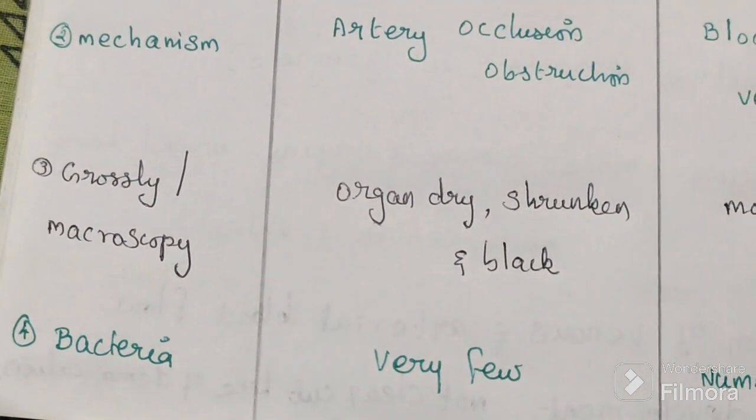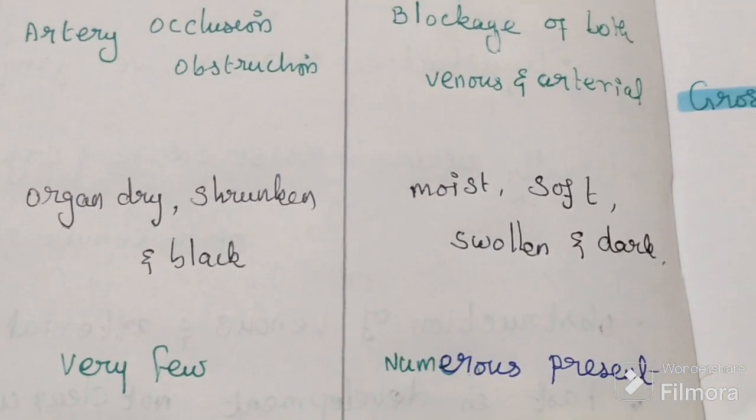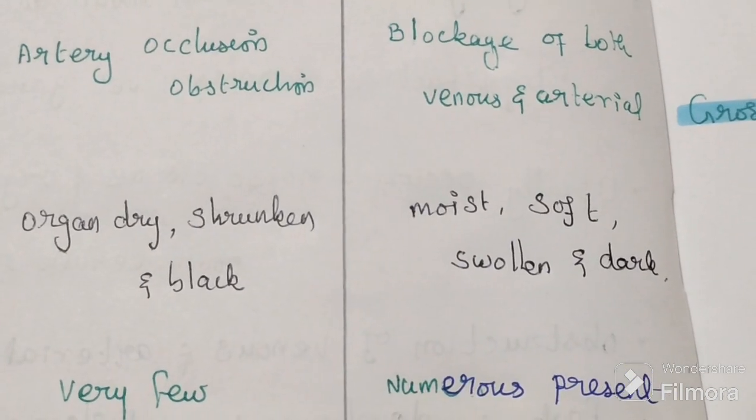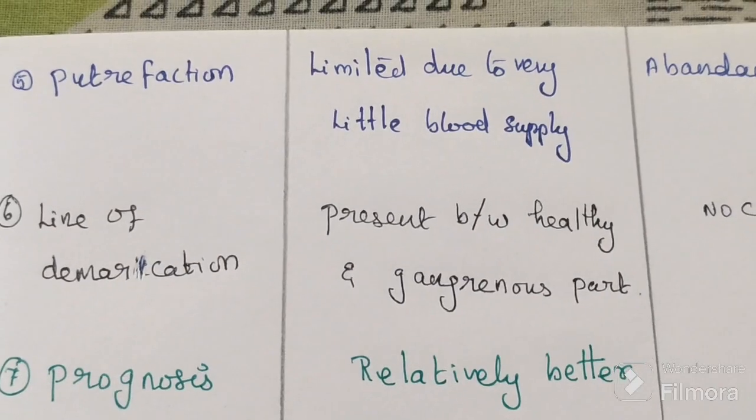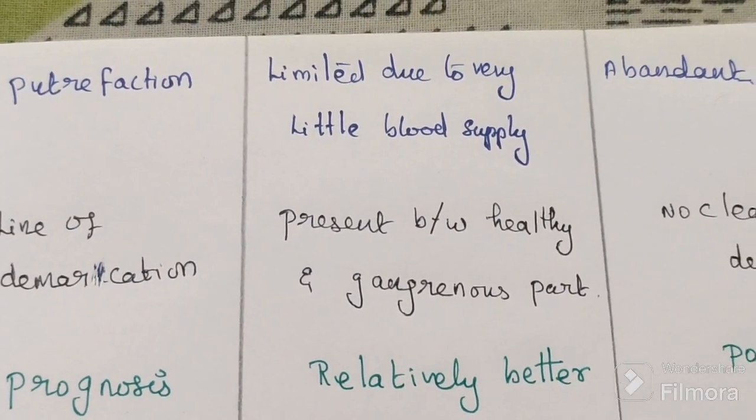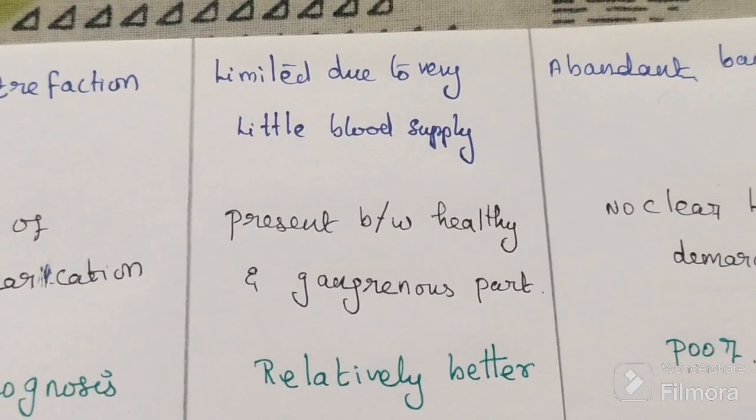In dry gangrene very few bacteria are present; here numerous, abundant bacteria are present. Putrefaction is limited due to very little blood supply.